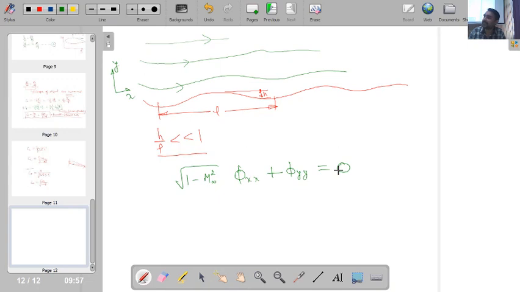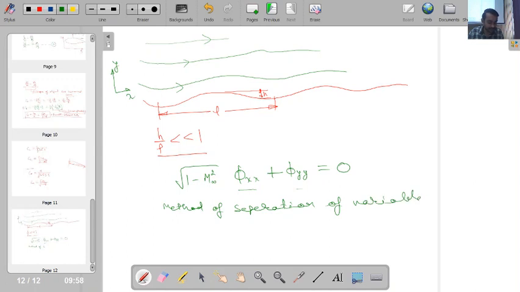Okay, so that is the equation. Whenever I have this type of linear equation, I can easily solve it by the method of separation of variables.